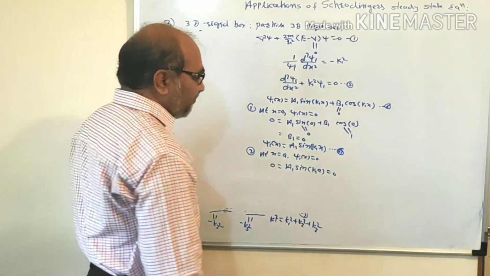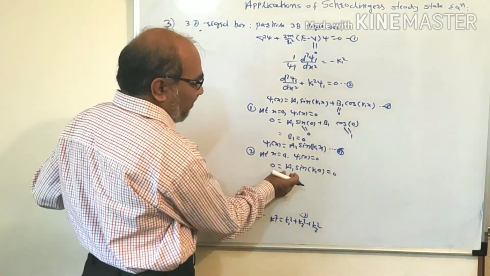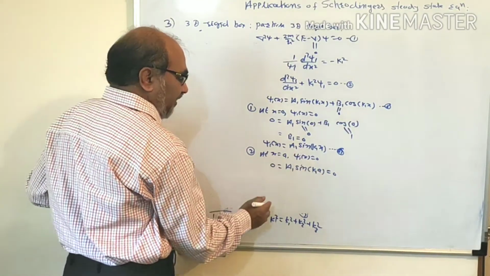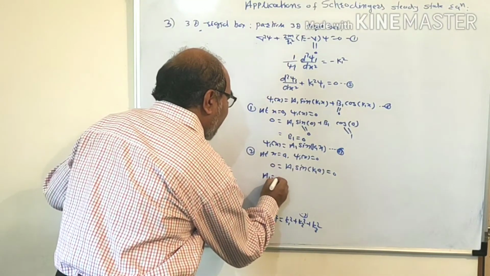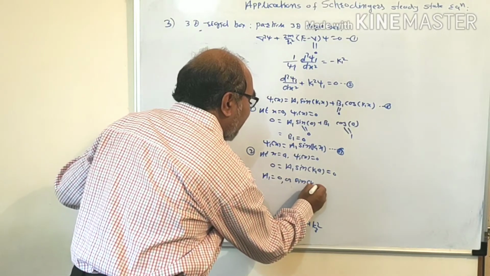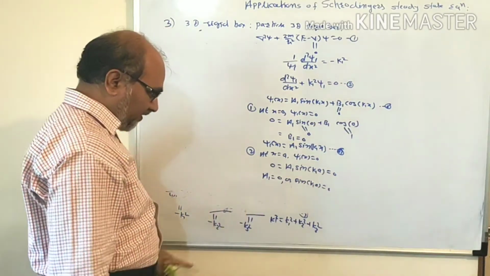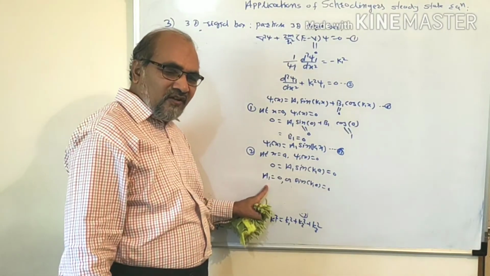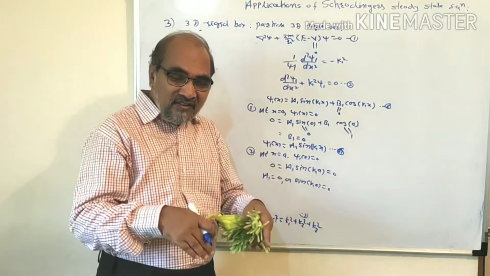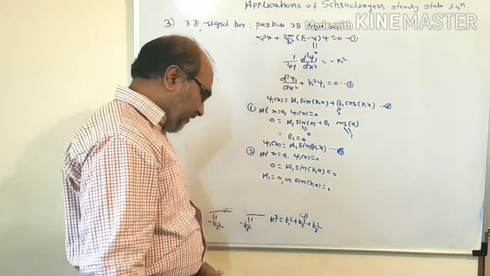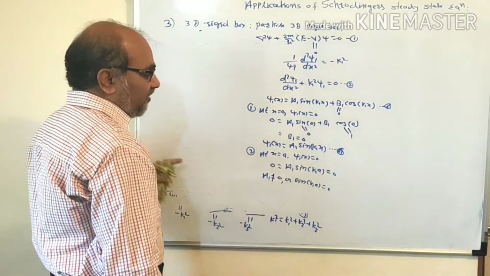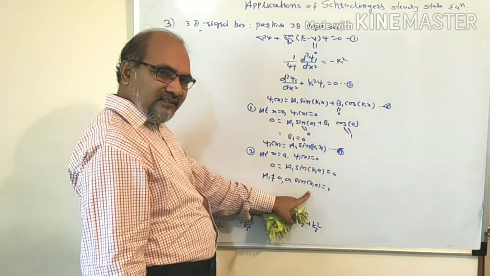Here there are two terms: either a1 is equal to 0 or sin k1a is equal to 0. A1 cannot be 0 because the particle is inside the box, and therefore the probability inside the box is not equal to 0. So a1 is not equal to 0, which means sin k1a is equal to 0.